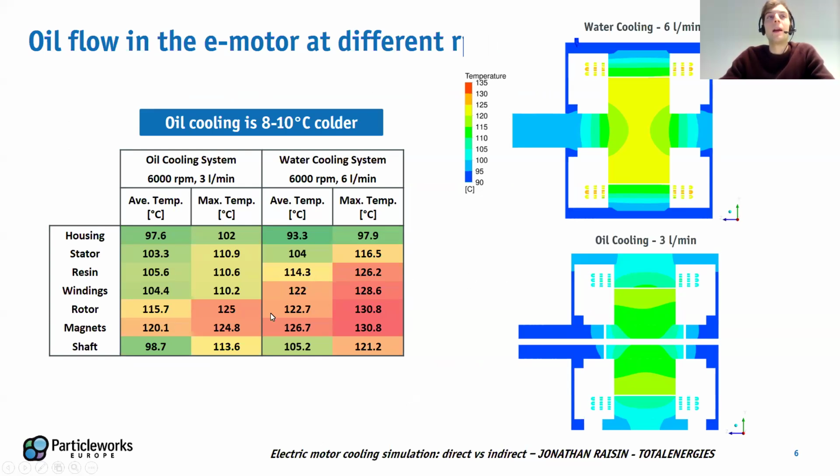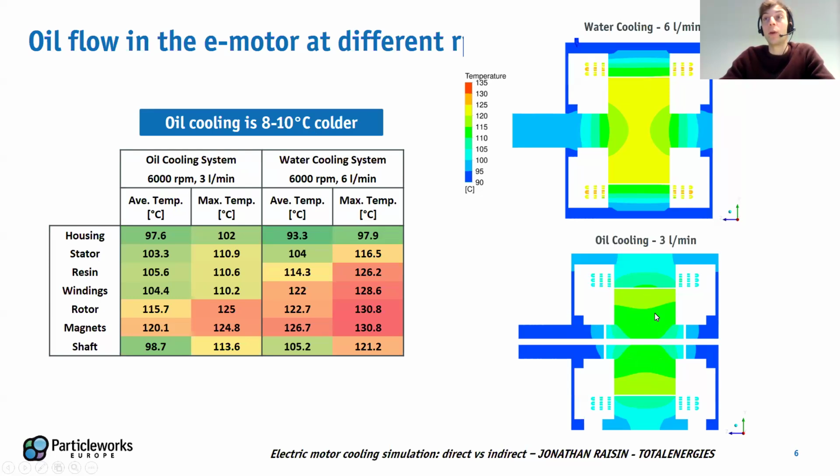What you see here are the results of the two approaches in terms of temperature distribution inside the e-motor. You see the averages when we use direct oil cooling are 8 to 10 degrees Celsius colder. You can see that the coils, when we use oil cooling, are at a lower temperature, and also the rotor shows lower temperature.